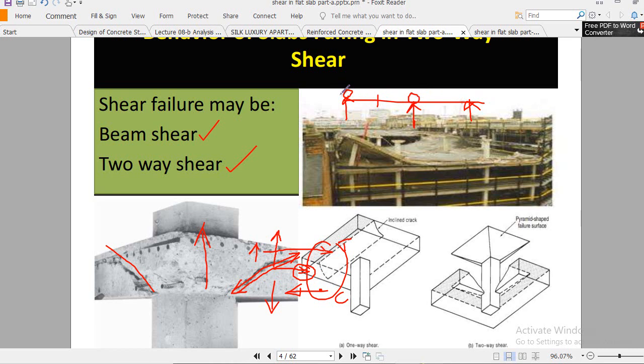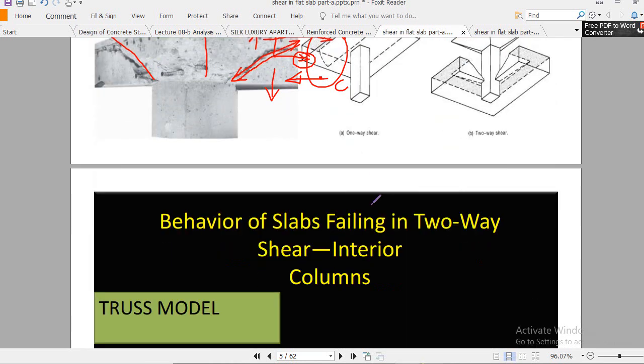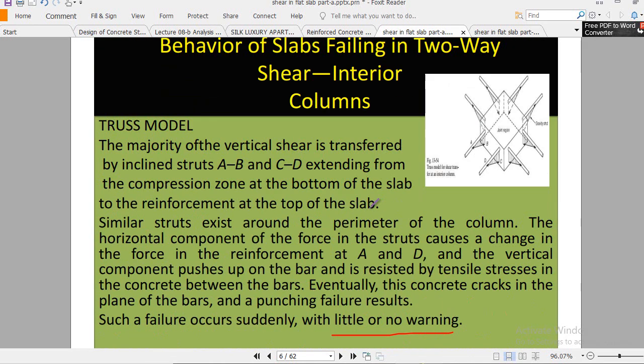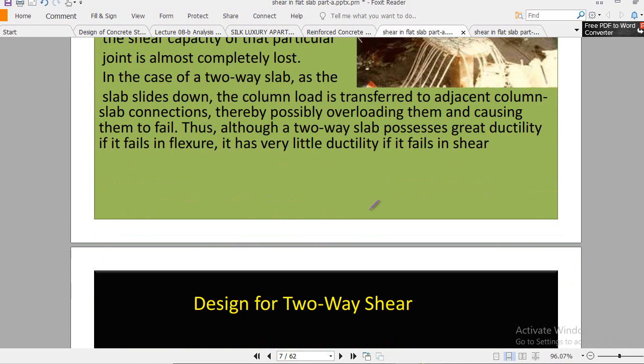Now these portions are taking the loading, but in shear such behavior is not present. Shear doesn't distribute, and it causes overloading of the other columns, and that overloading will cause the failure of the slab. So this is the whole mechanism of the failure in shear.